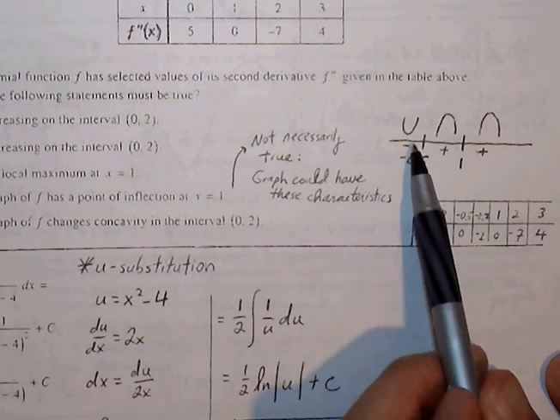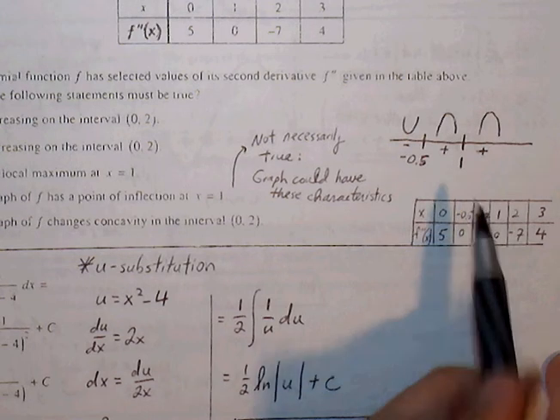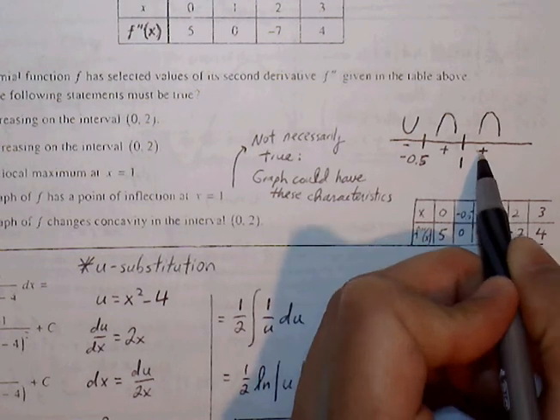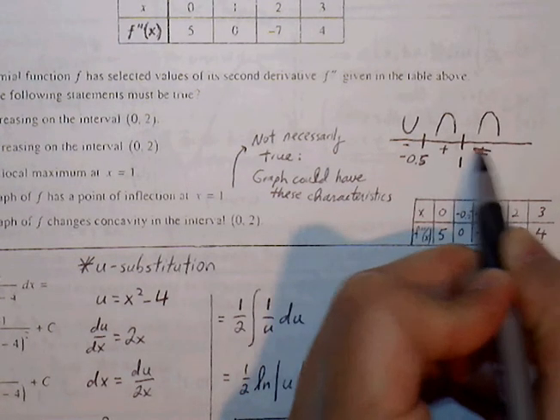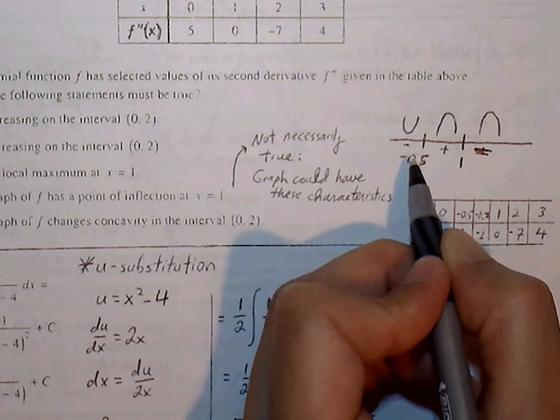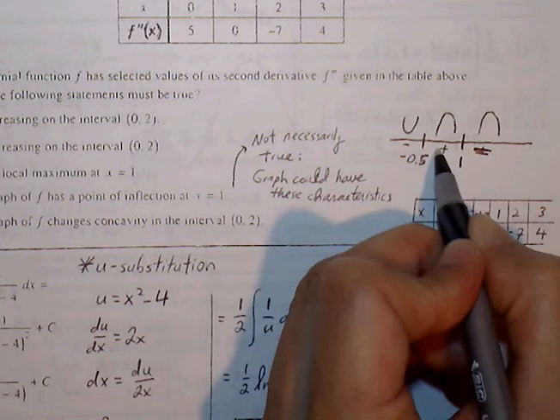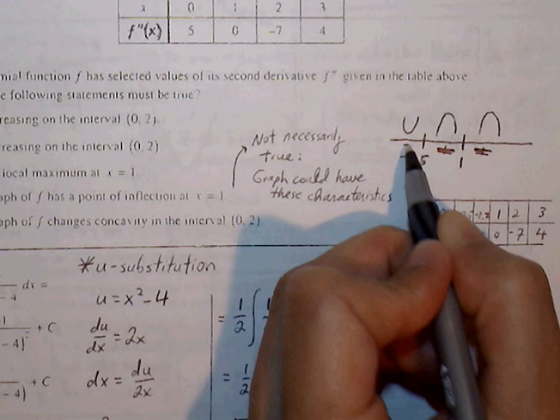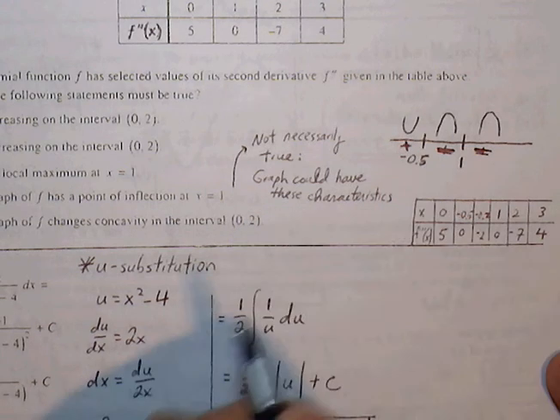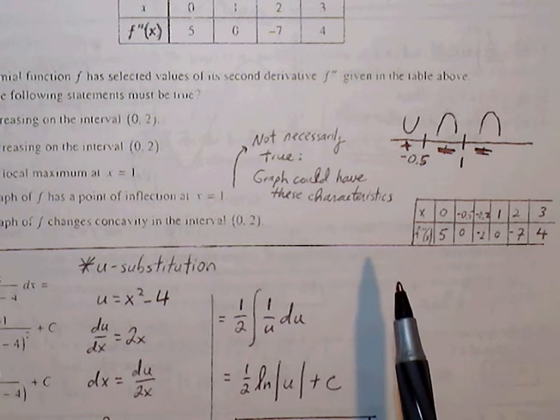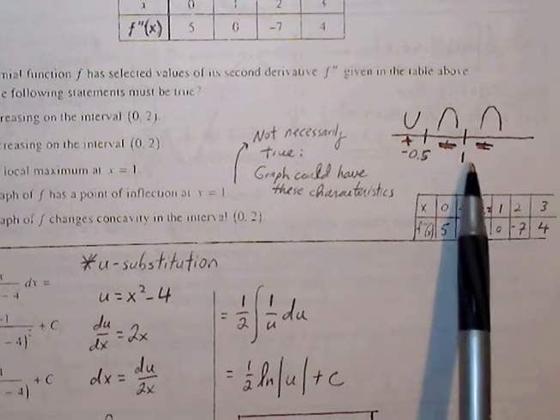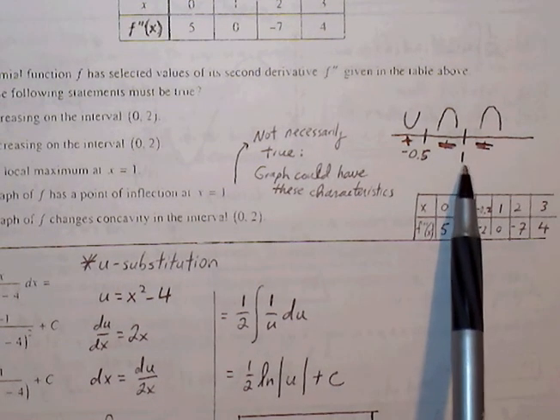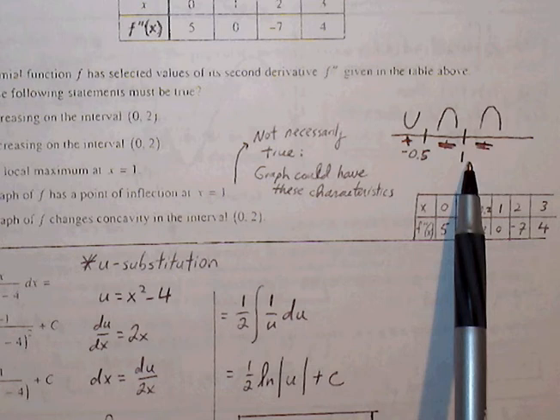Here, actually, this should show a negative value to the right of 1, so it's possible that we may have two negatives here, and a positive there. So it's possible that at 1 there may not be a point of inflection.